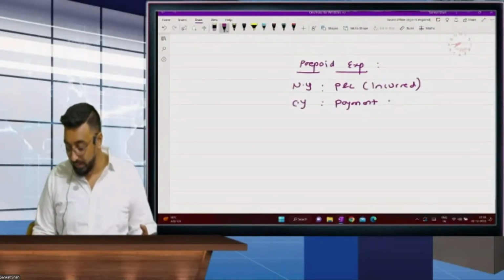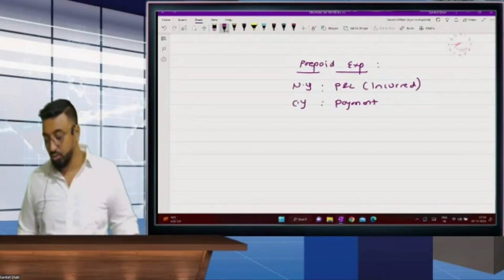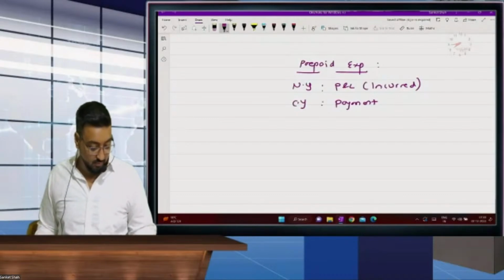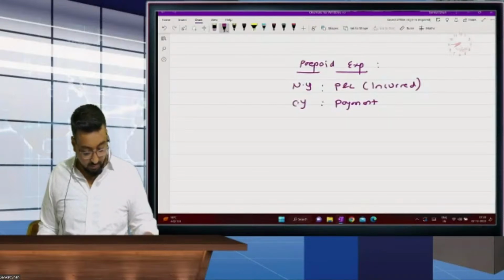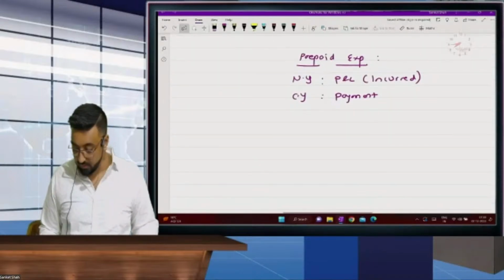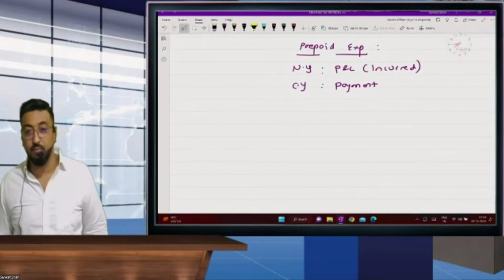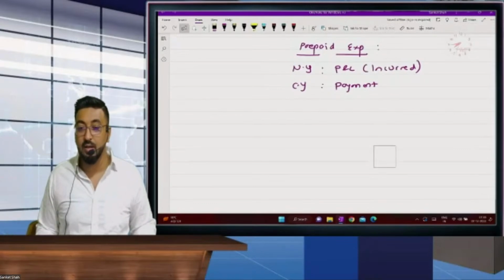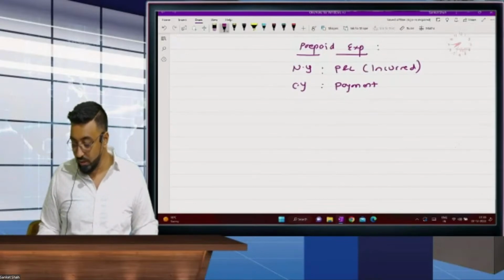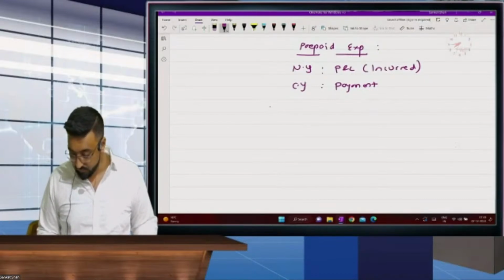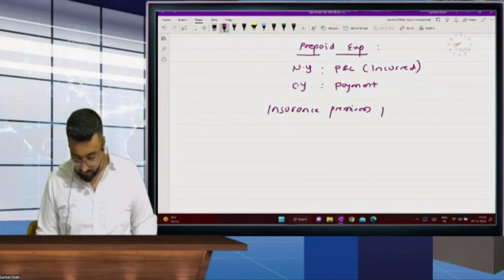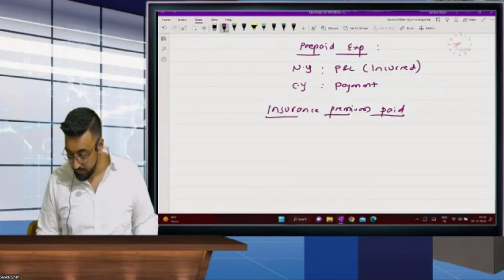Payment in current year. So the P&L that will go into next year, paid it in current year. Repeat example. Are you going to try, or should I give you the answer directly? Should I give you 4 or 5 minutes for a trial, or directly give the answer, beta? Insurance premium paid.